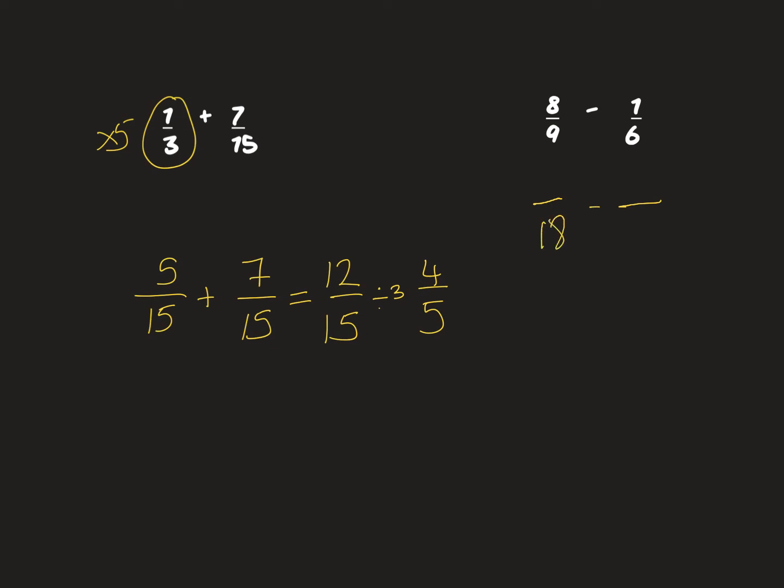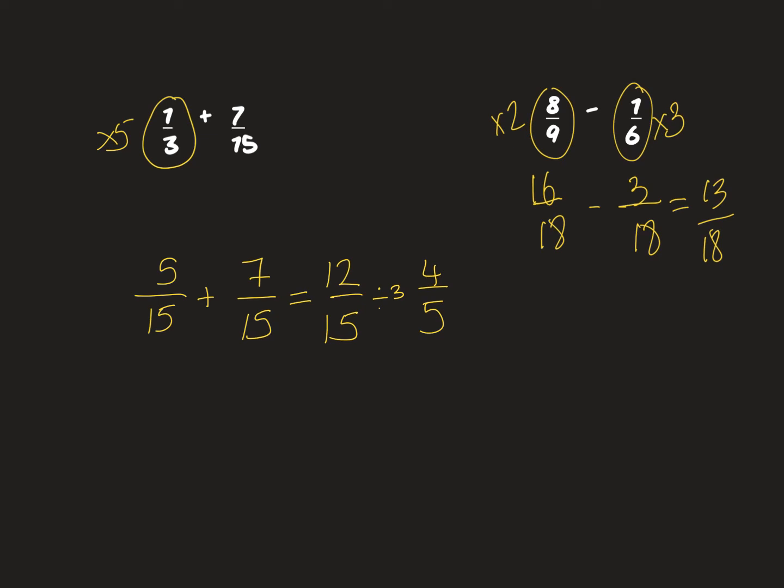So we could have a common denominator of 18, which means to get from 9 to 18, we're multiplying this by 2. And to get from 6 to 18, we're multiplying this fraction here by 3. So 2 times 8, 2 eighths is 16. 3 times 1 is 3. And then if we take that away, 16 take away 3 is 13 over 18.